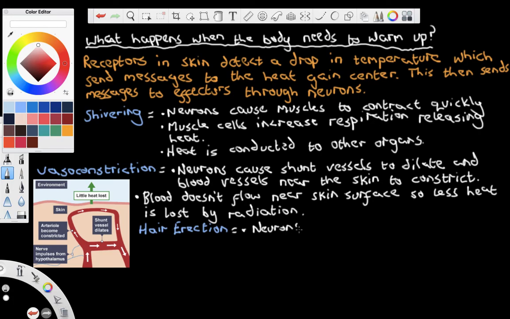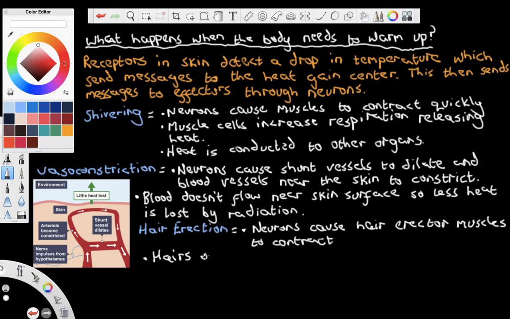Neurons cause hair erector muscles to contract, and we can say that hairs on the body stand up straight.